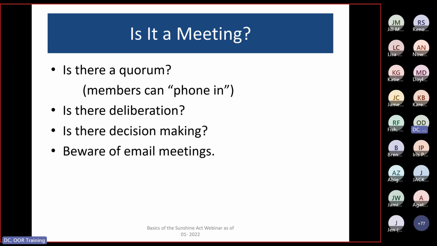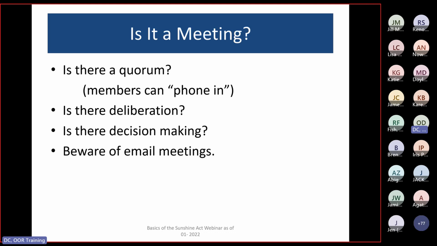Now, members can phone in. However, under the Pennsylvania Borough Code and under the First Class Township Code, there must first be a quorum physically present at the meeting, and then any members beyond the quorum can phone in. And when we say phone in, that could also involve using an online platform like Zoom, Teams, or whatever else you might be using.